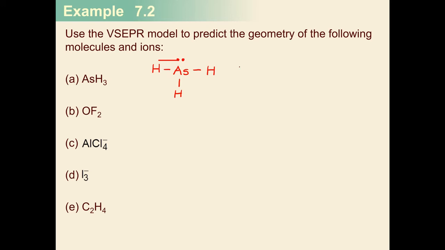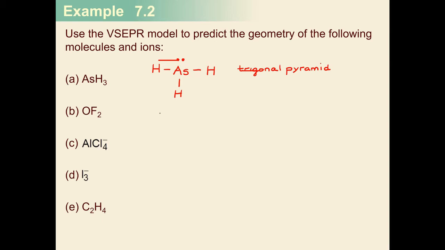That is going to be the trigonal pyramid. So while I started with the tetrahedron, because of that lone pair, I now can answer this as the trigonal pyramid molecular geometry.